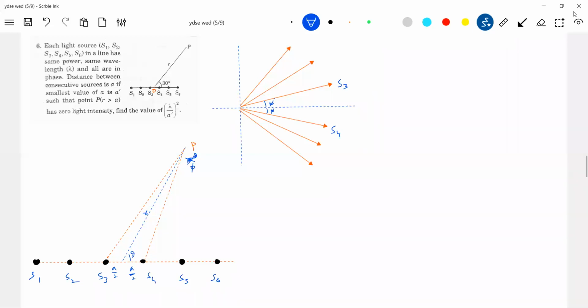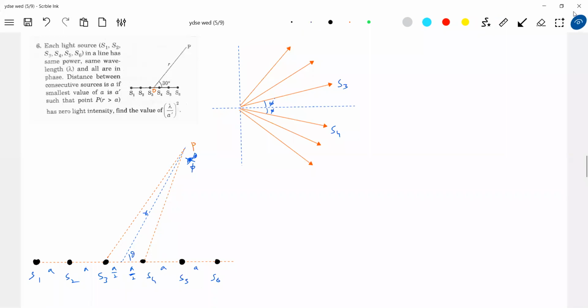And this is A. So compared to this particular thing, how much additional path will ray 2 cover?